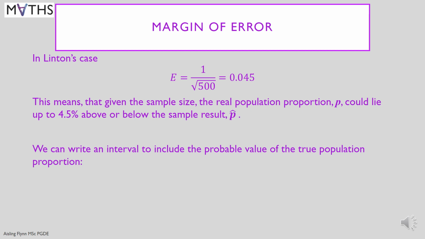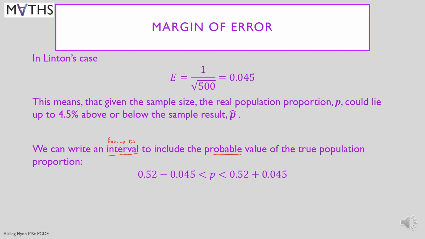Firstly, an interval gives you a starting and finishing point, or a from and a to, and between these two values it will include the probable value of the true population proportion. Notice that the word probable is used. It's probably, not for certain, but probably.